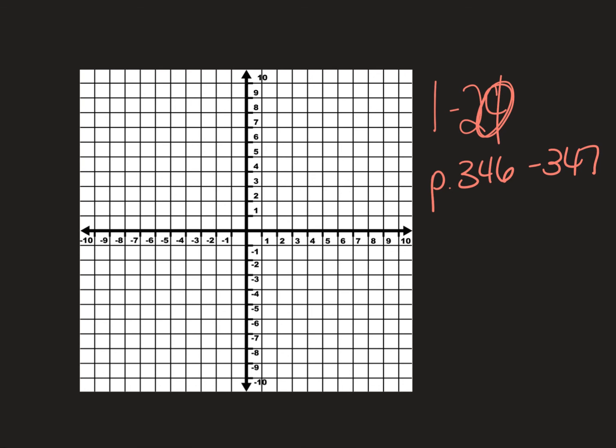Here, they already have the grids for you. On the blank grid, you have to draw your own, but if you want to use this grid, you can just use this one for 13 through 20. Is everybody listening? If you want to use this one, Ezra, for 13 through 20 instead of drawing one, okay? You can use this for 13 through 20.